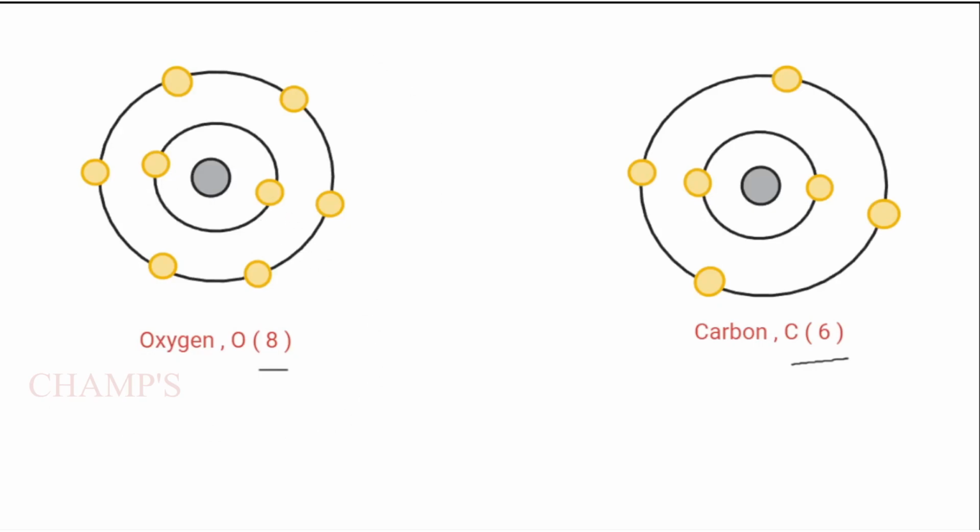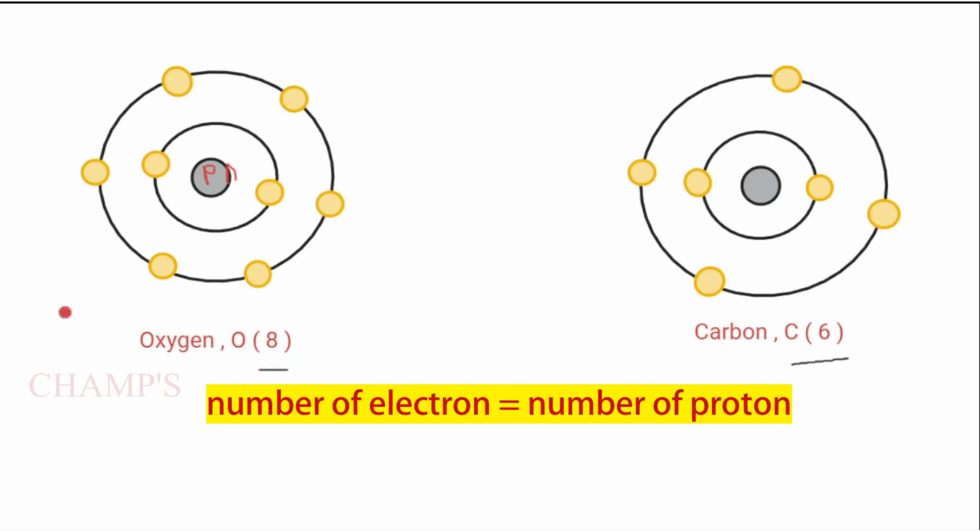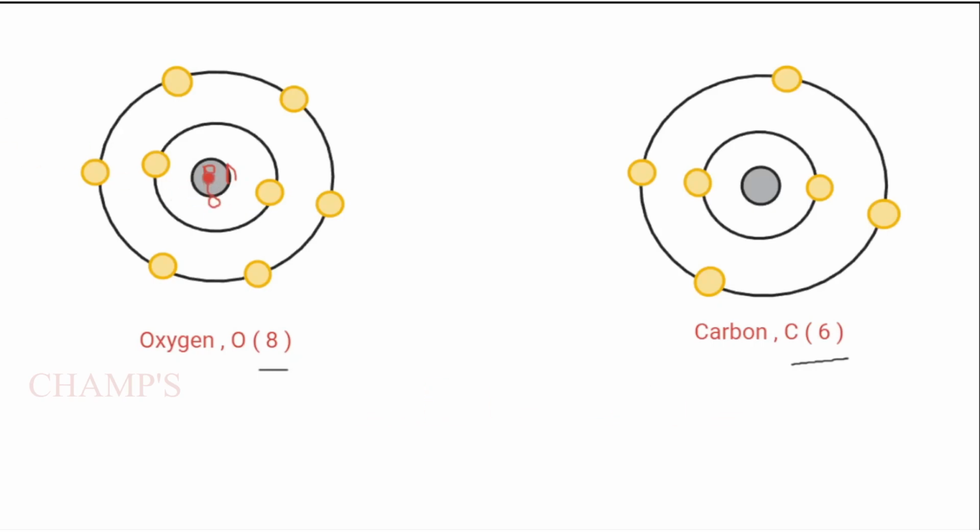In the middle, we have the nucleus where the protons and neutrons are present. We know any element has the same number of electrons and protons. So inside it there are 8 protons, and there are eight electrons.